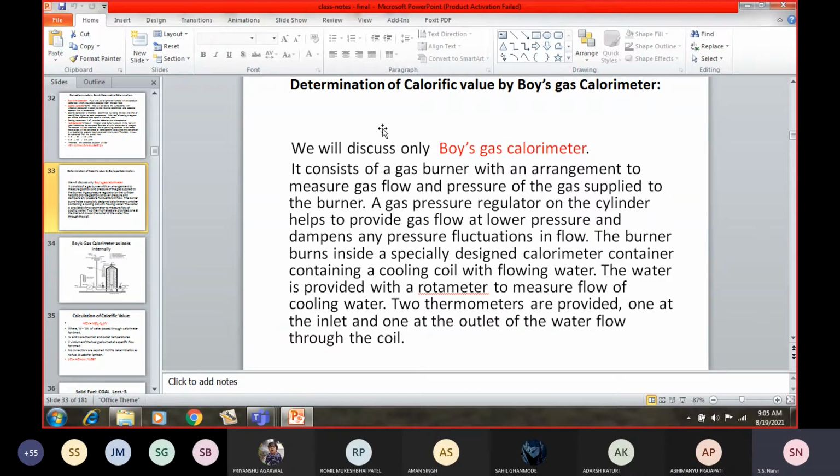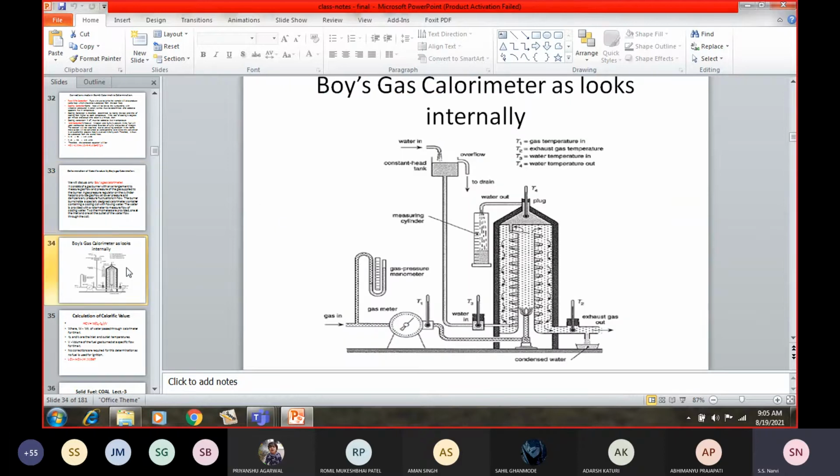So whether it is this one or the earlier one, the vertical section of the Boyle's calorimeter you can see here in this slide, where I am putting the arrow.